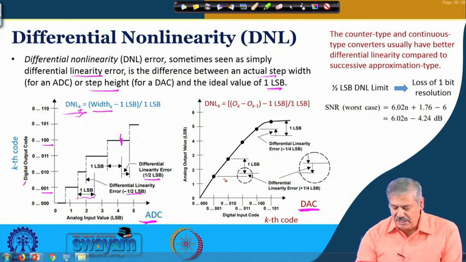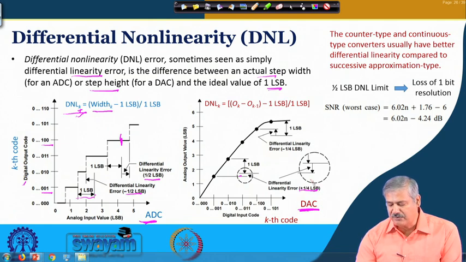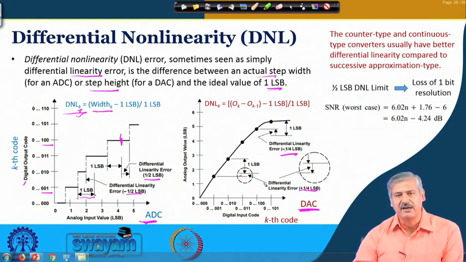Here you can see that the step height from one particular code to another is more than what 1 LSB would have given. This is plus 1 upon 4, magnified over here, and in this case it is less than that. So, this is minus 1 by 4 in this representative diagram.